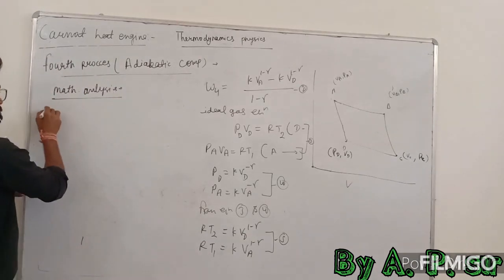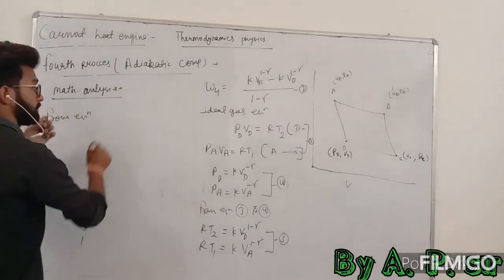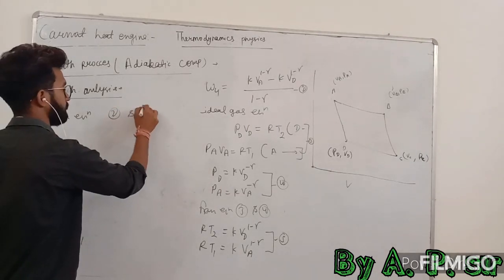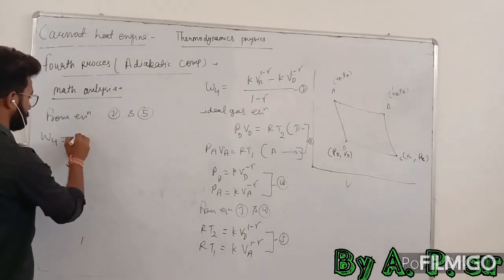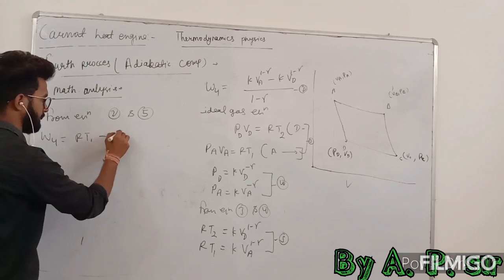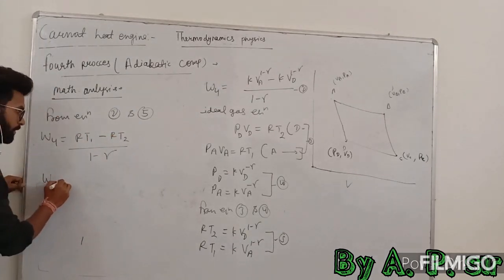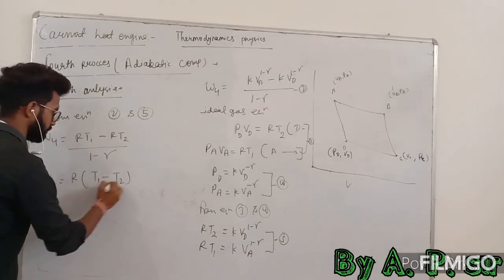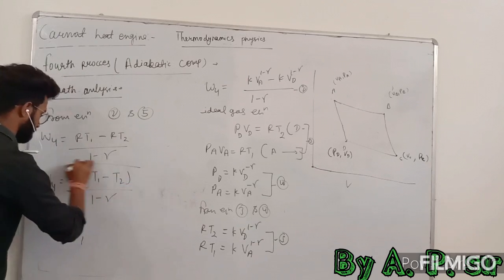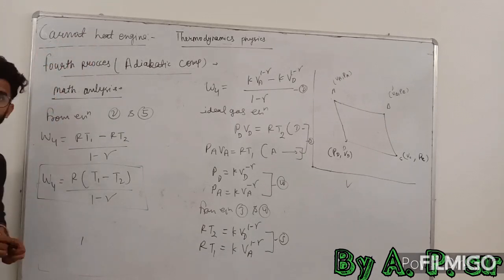From equation second and 5, W4 is equal to R (T1 minus T2) upon (1-gamma). Then W4 equals R (T1 minus T2) upon (1-gamma). This is the work for the Carnot heat engine.